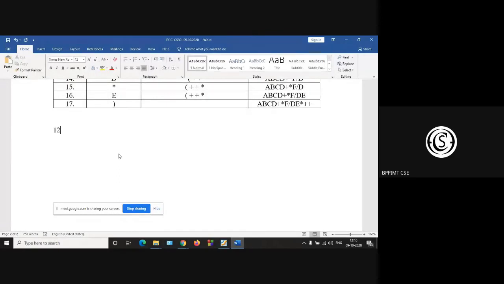Let us have an example. 12, 7, 3, minus, that is subtraction, division, 2, 1, 5, plus, multiplication, plus. Okay, this is one problem.